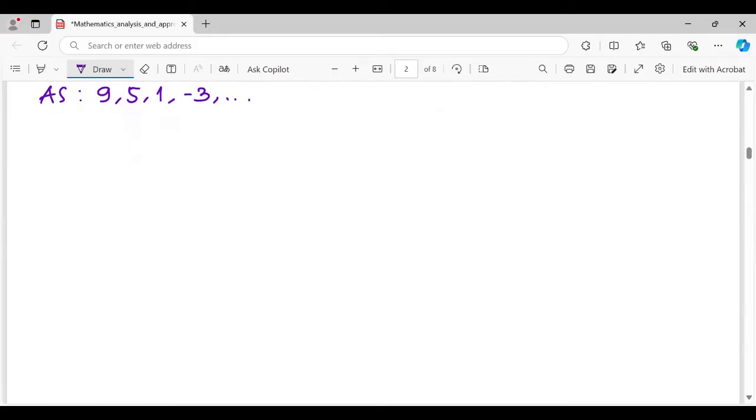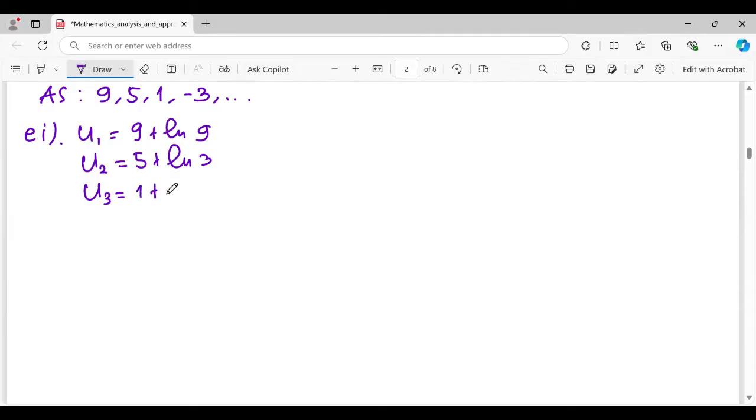So this is part 1. The first term is 9 plus ln 9, the second term is 5 plus ln 3, and the third term is 1 plus ln 1.